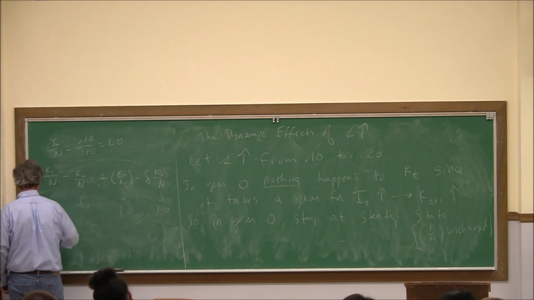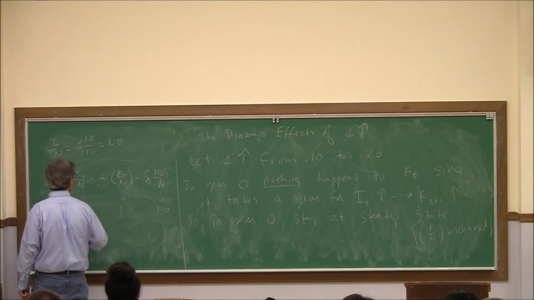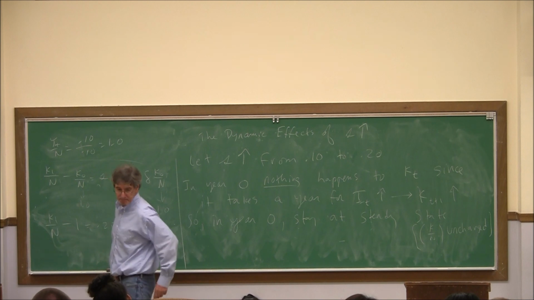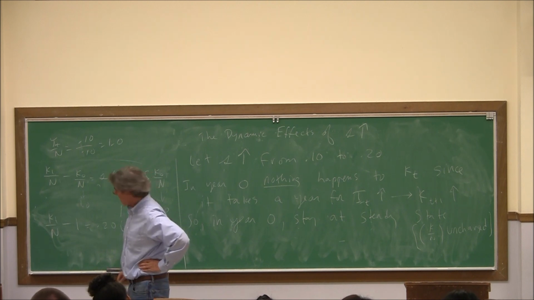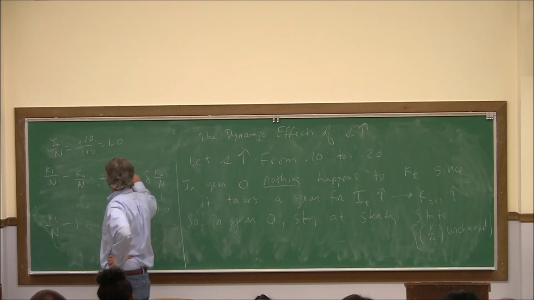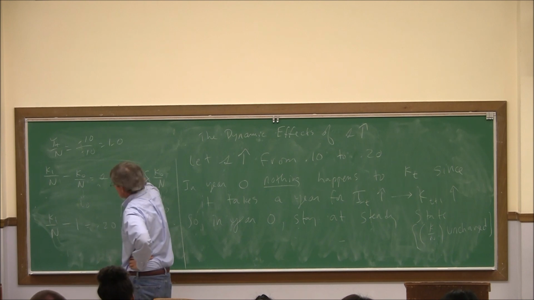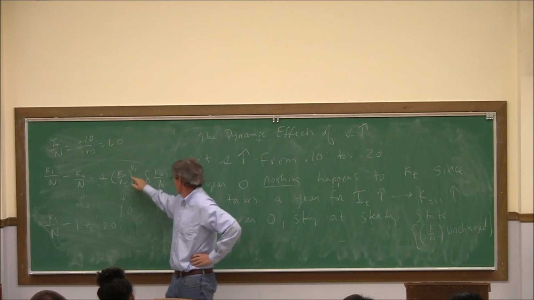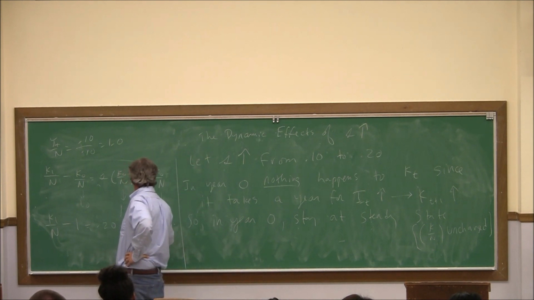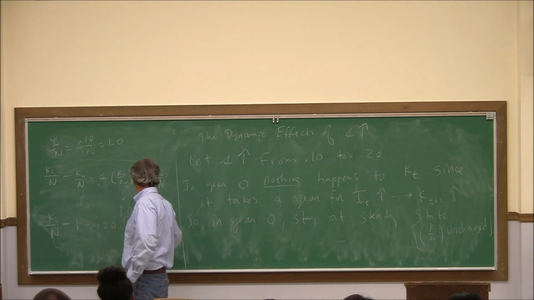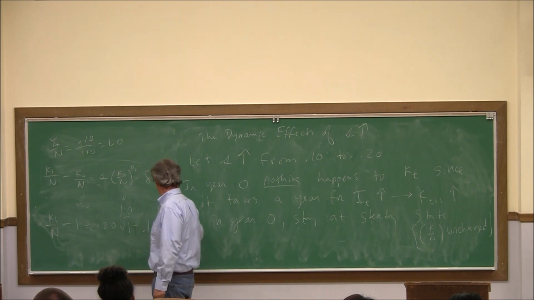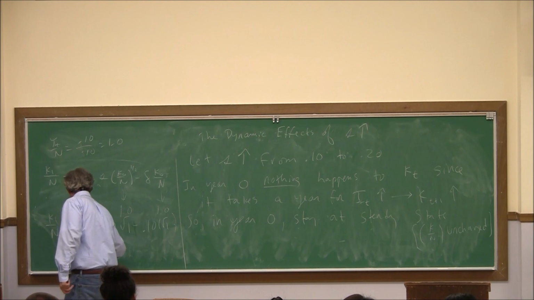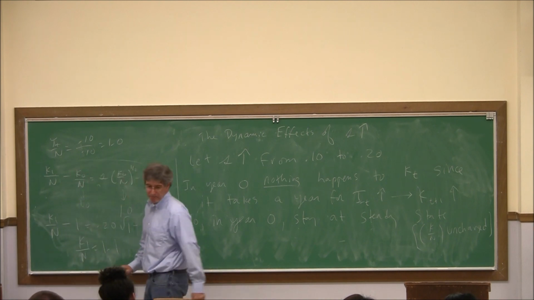So we have K1 over N minus 1 equals 0.20 times the square root of 1. Oh, this should be square root of N, so 1/2 right there. That's the square root of 1 minus 0.10. That's the square root of 1. What you'll get if you work this out is K1 over N is 1.1.